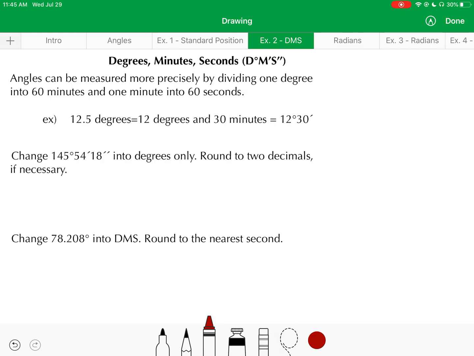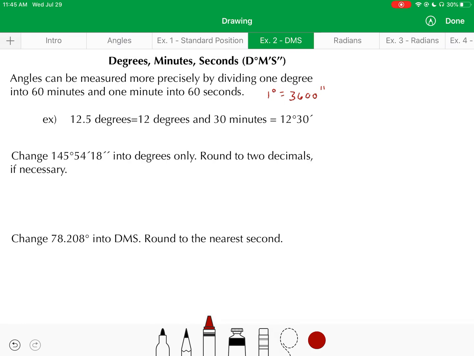So 1 degree is equivalent to 60 minutes, 1 minute is equivalent to 60 seconds, and then that would also mean that 1 degree is equal to 360 seconds.